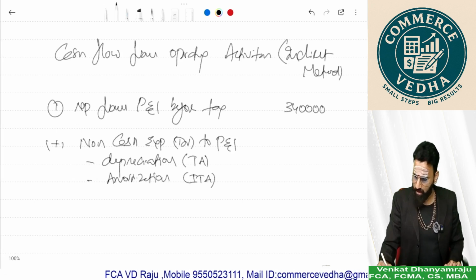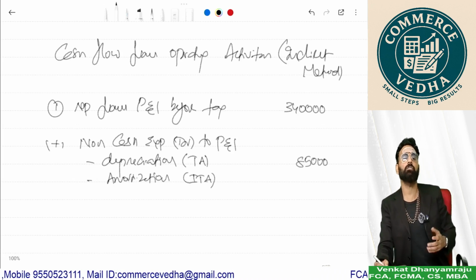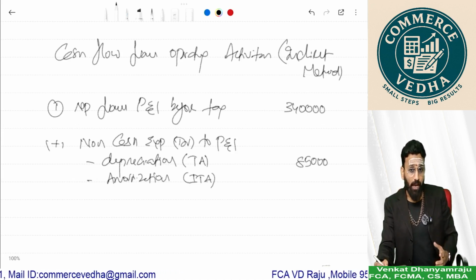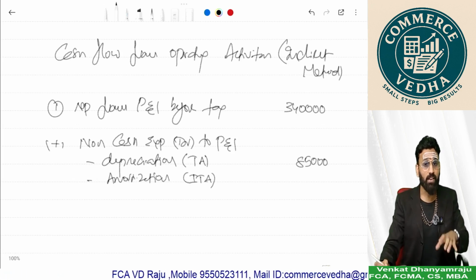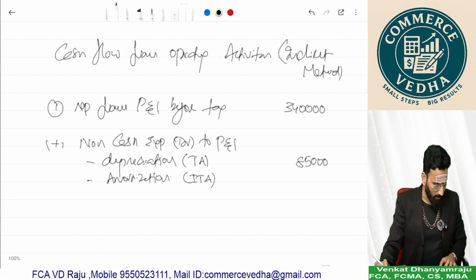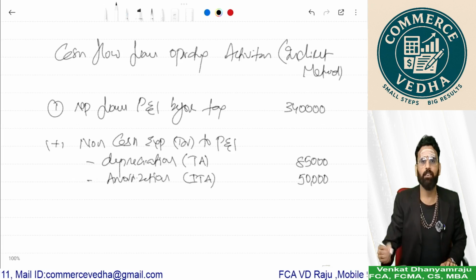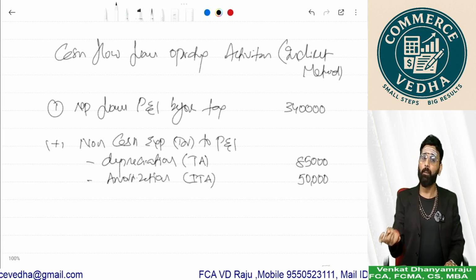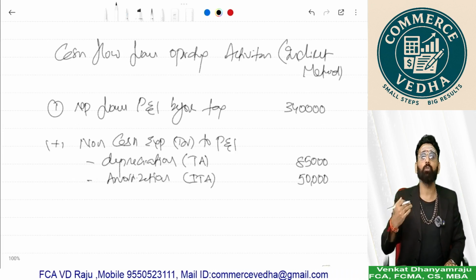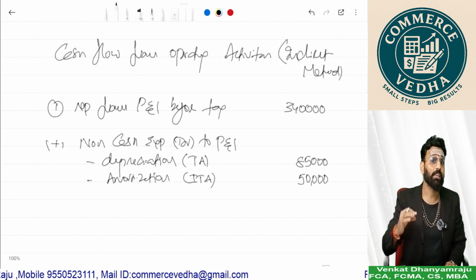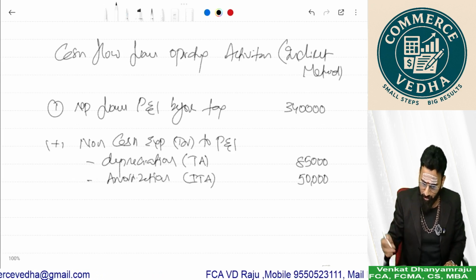The depreciation is 85,000 because it is a non-cash expenditure. There is no cash outflow in real terms. Though it is an accounting expenditure, it is not a real cash expenditure. Similarly, amortization, which is not a real cash expenditure, because we debited these two, your profit is reduced. Now we are adding it back to see what is my cash profit from operation, cash inflow from operation.